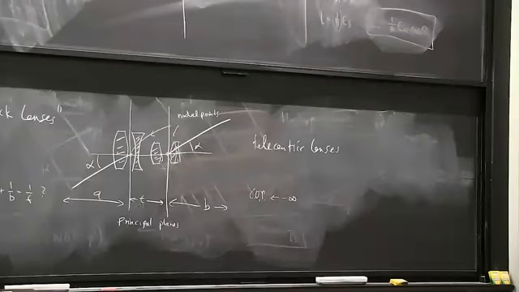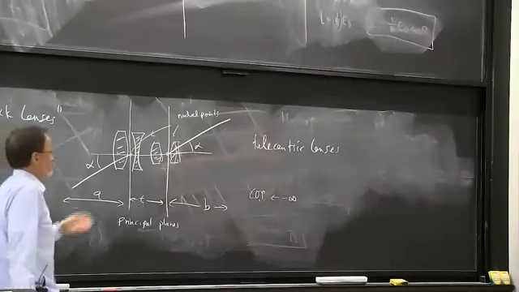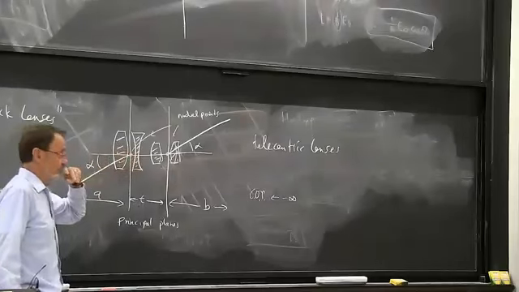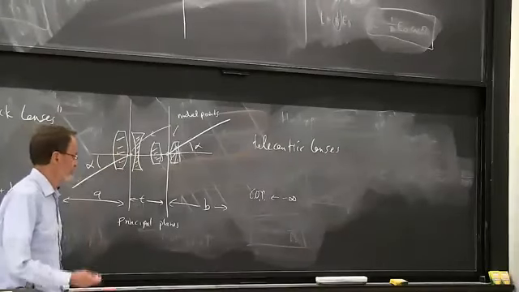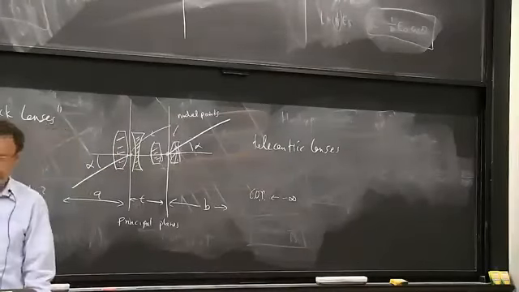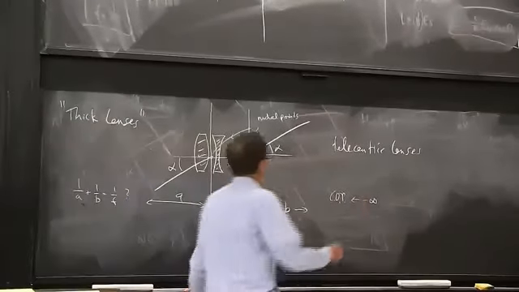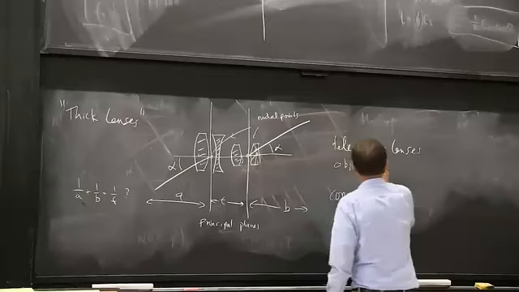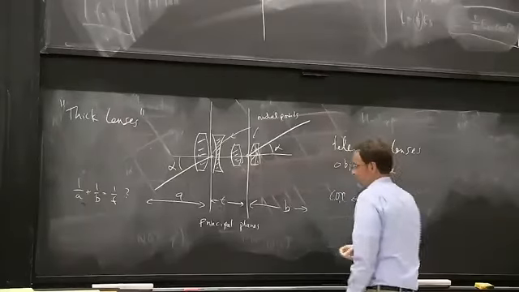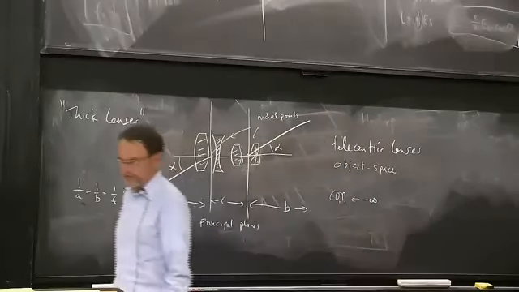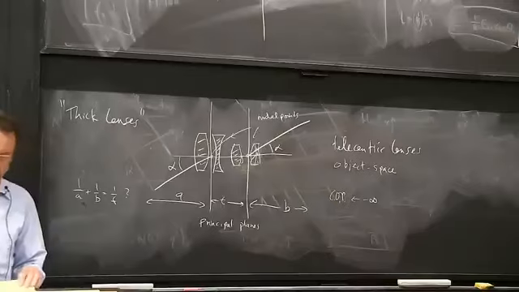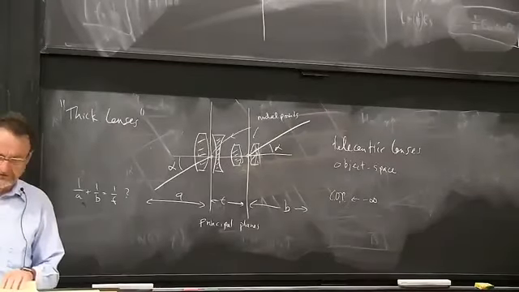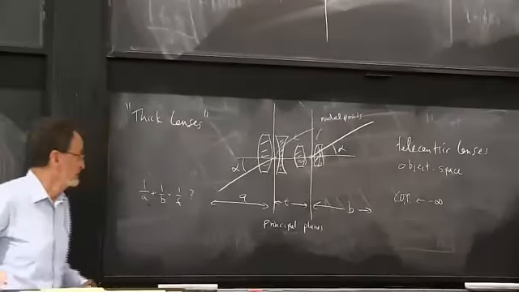And it's amazing, but yeah, by building a compound lens, you can do that. So that's object space. It's telecentricity. And as I mentioned, a lot of machine vision systems commercially, used in industry, use this.